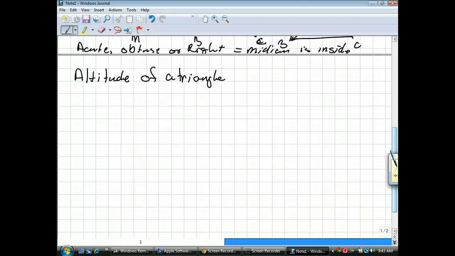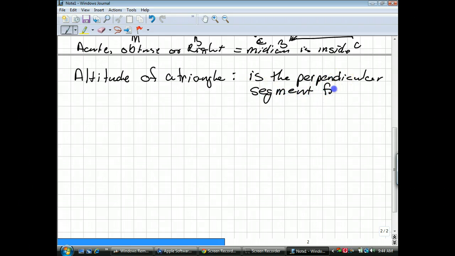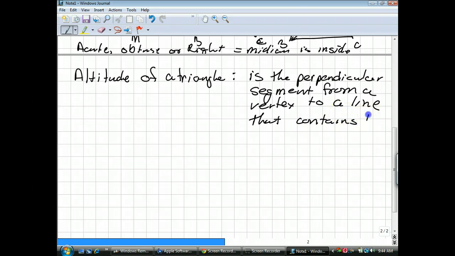Okay? So first of all, the definition of the altitude of a triangle is the perpendicular segment from a vertex to a line that contains the opposite side.